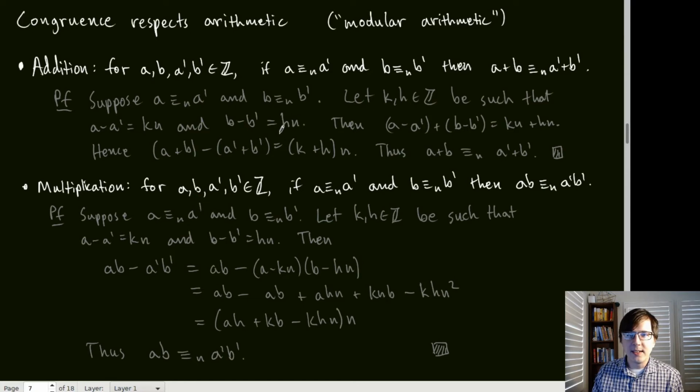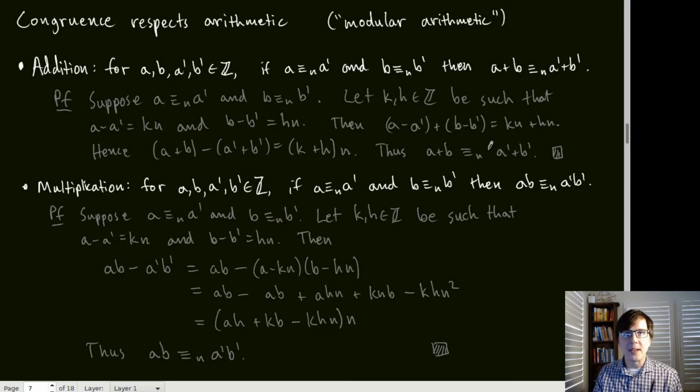Now we add these two equations together and rearrange. It's very much like transitivity here. Then we have a plus b minus (a prime plus b prime) is equal to (k plus h) n. So n divides this difference, and therefore we get the congruence that we wanted: a plus b is congruent to a prime plus b prime mod n.